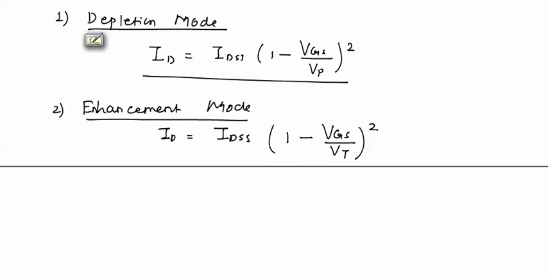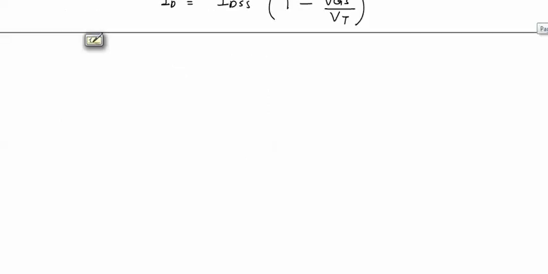This depletion type MOSFET is not important from the examination point of view. So we will directly draw the drain characteristics for this MOSFET. Like JFET, this drain characteristics will be as we saw in the case of JFET.